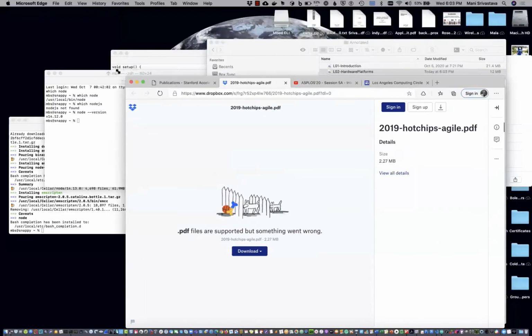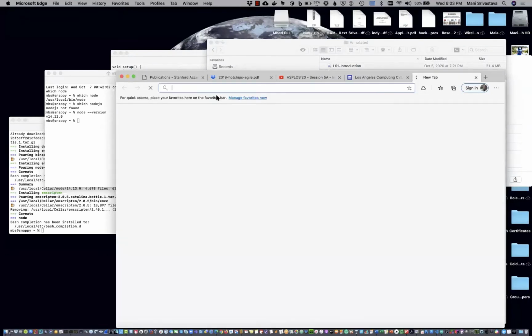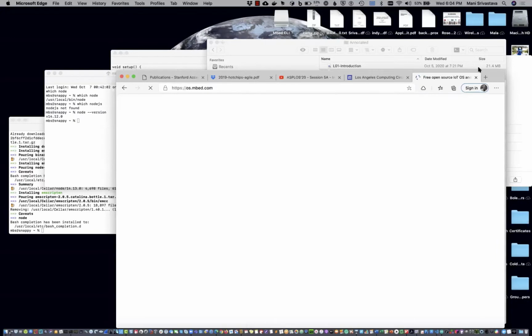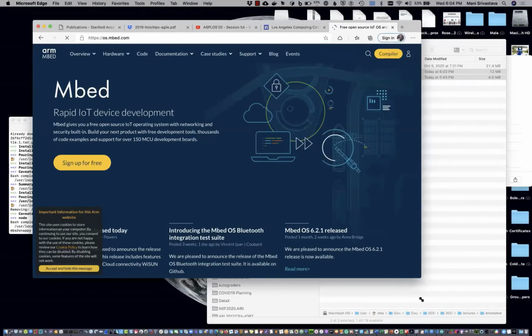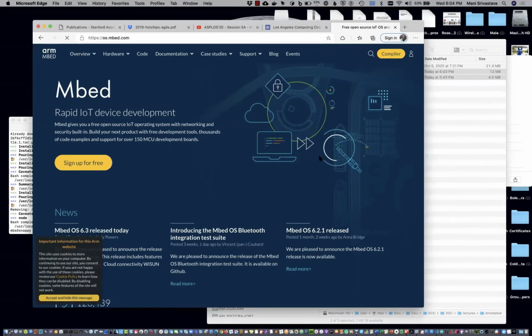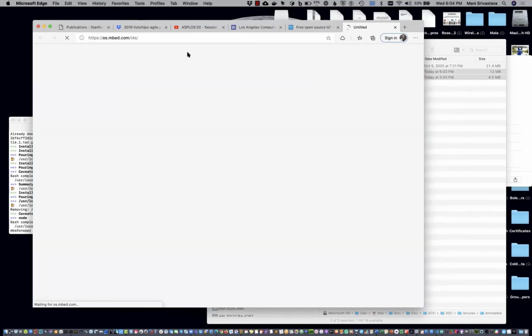So if you go to mbed.com, Mbed is now operated by ARM, the company which makes the processor, and there were a whole bunch of things, including an operating system, with an associated online compiler.